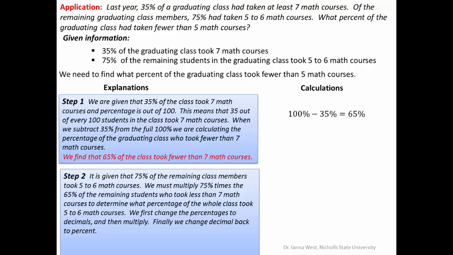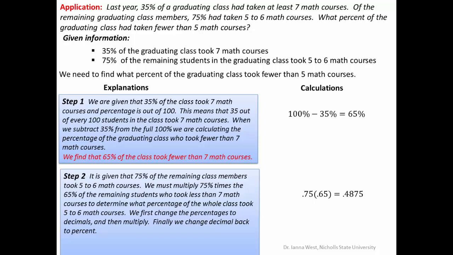We first change the percentages to decimals and then multiply. Finally, we change the decimal back to percent. So we multiply 0.75 times 0.65. Remember, 0.75 represents the 75% of the remaining class members who took 5 to 6 math courses, times 0.65, which represents the 65% of the remaining students who took less than 7 math courses.